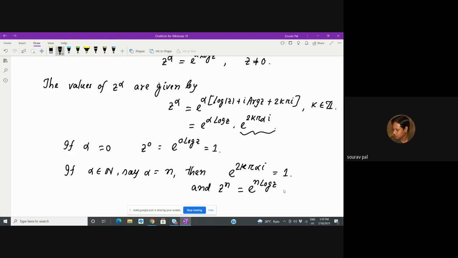What is the right-hand side? How many values does it have? Only one value. So this is single valued. This is our usual power z to the n, the polynomial z to the n. It is single valued and well defined.